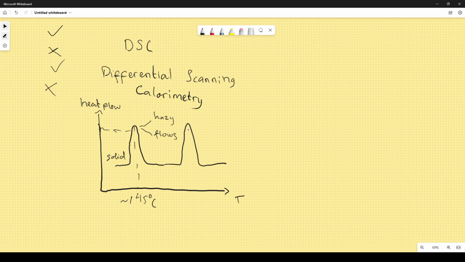and this is around 172 degrees Celsius. Well, at this point, what becomes of the material? Well, it became transparent. It becomes liquid.